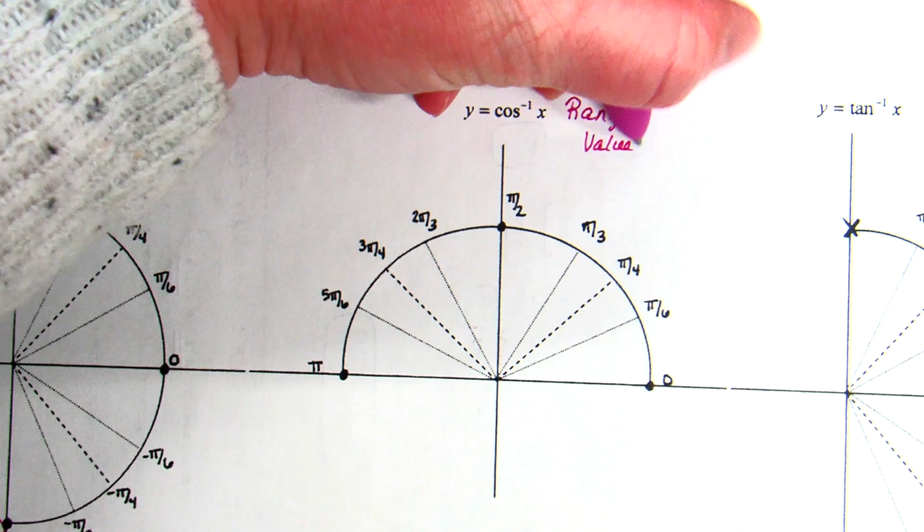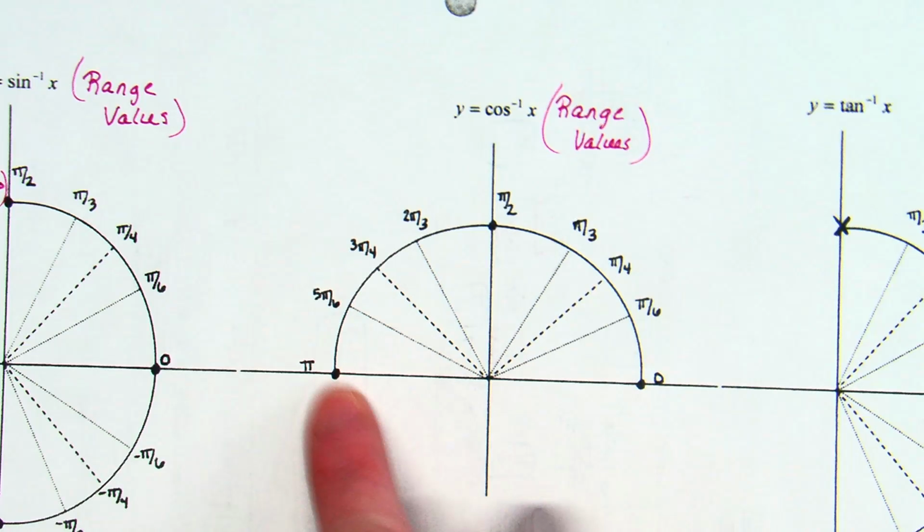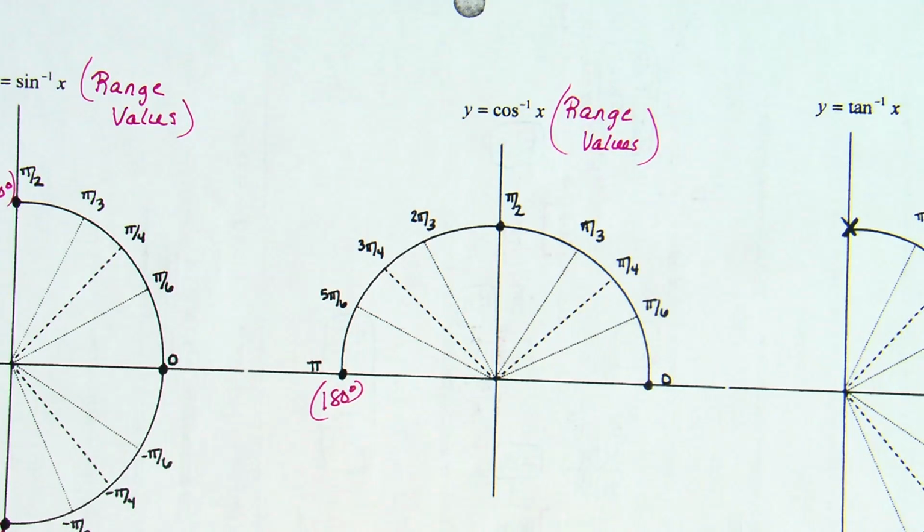So the cosine range values are 0 to pi, or in other words, 0 to 180 degrees if your brain needs that connection.